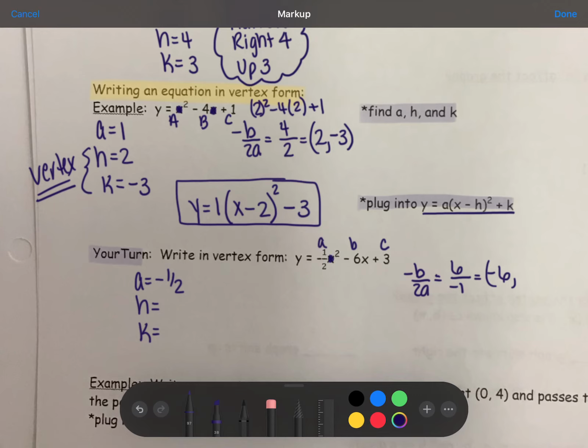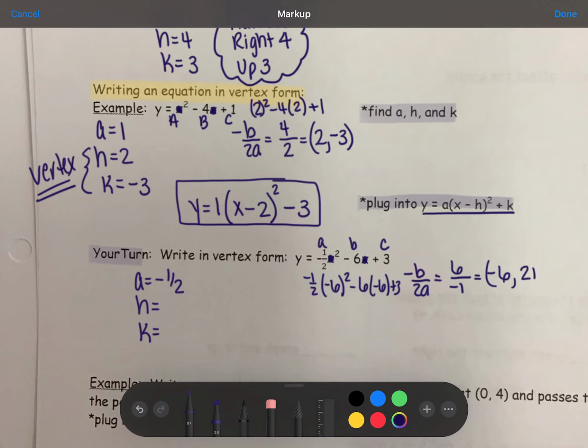I'm going to replace my x's with -6. So I get -1/2 times -6 squared minus 6 times -6 plus 3, squeezing that in there. So -1/2, plugging this into my calculator, and hopefully you did as well. And I got 21. Ooh, that's a big old number.